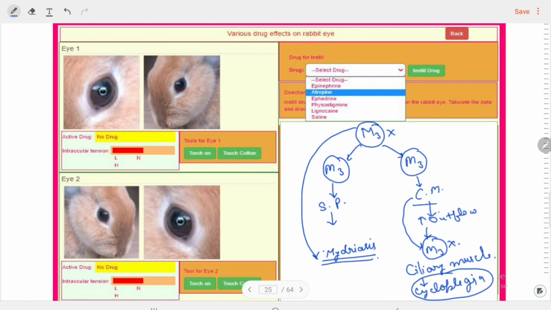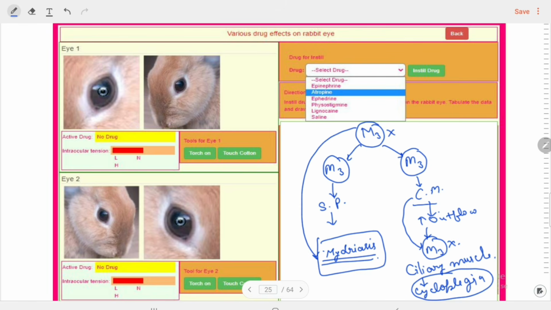Another important thing: here we are blocking the M3 receptors, which are the main key receptors for the light reflex. If we block these M3 receptors, the light reflex will be absent. There will be no light reflex after blocking the M3 receptors. So let's take one by one. The result will be mydriasis.